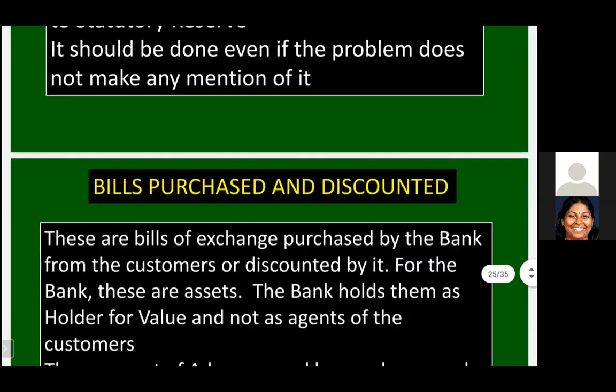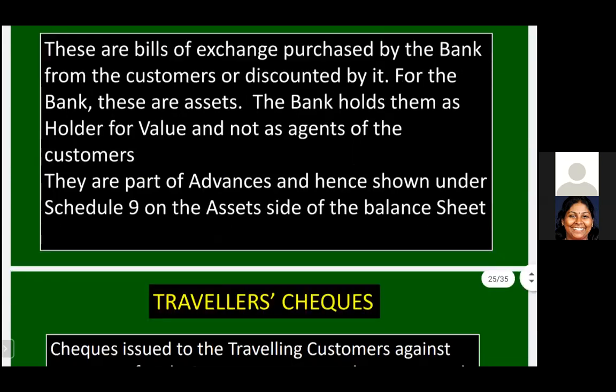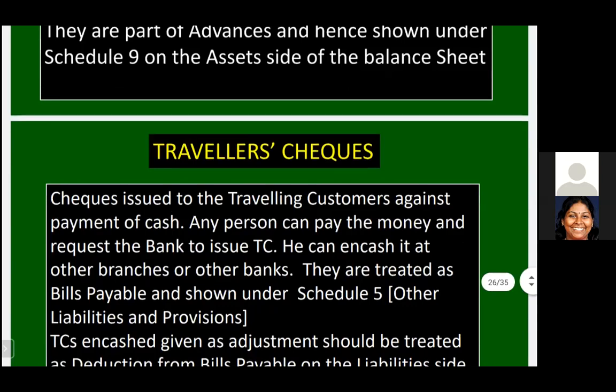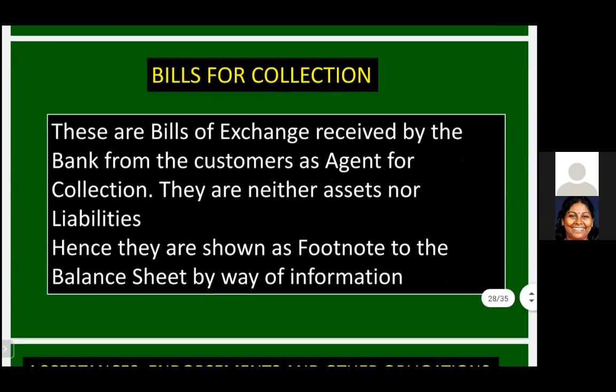And bills purchased and discounted always find a place in schedule number 9 on the asset side of the balance sheet. And bills for collection is another kind of footnote under the balance sheet, next to contingent liability.